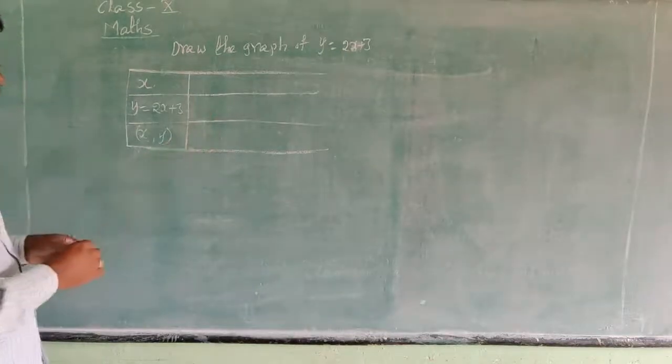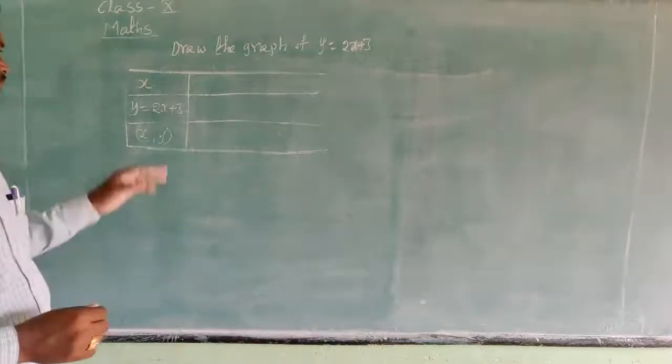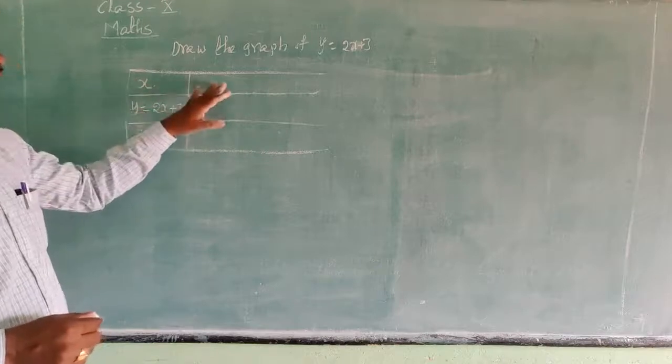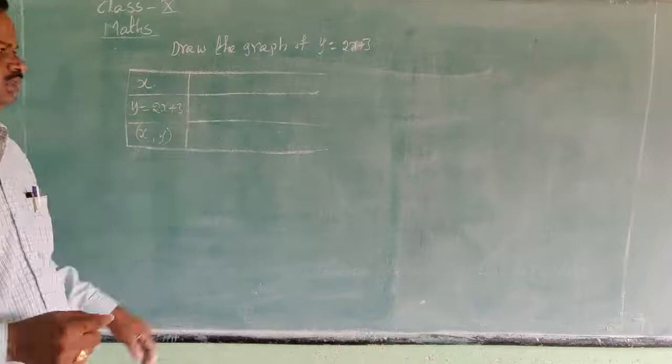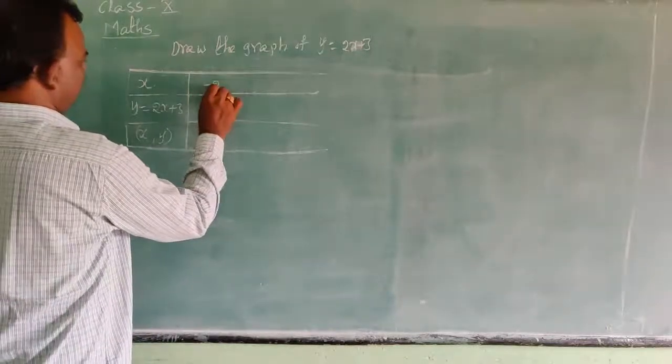Here we are taking some values for x, some negative values, 0 and positive values. First we are taking minus 2.